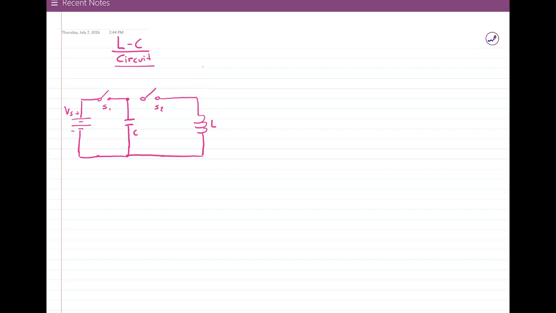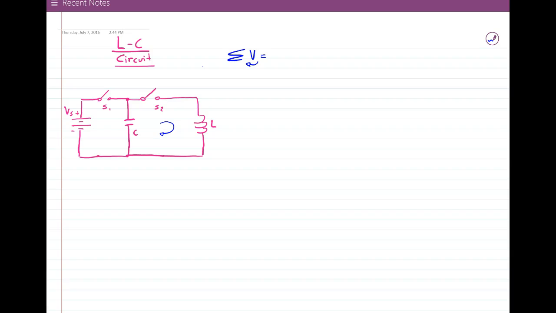And if you don't believe me, then we'll believe Kirchhoff's law. I'm sorry, not Ohm's law, Kirchhoff's law. They're both right. So if you start here and you go around that loop, what are we going to have?